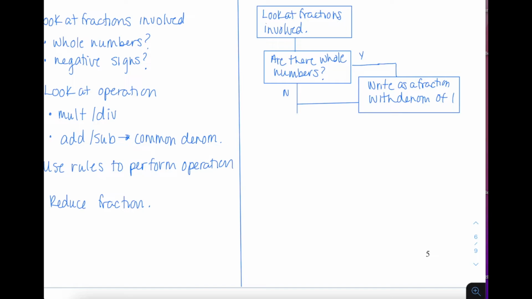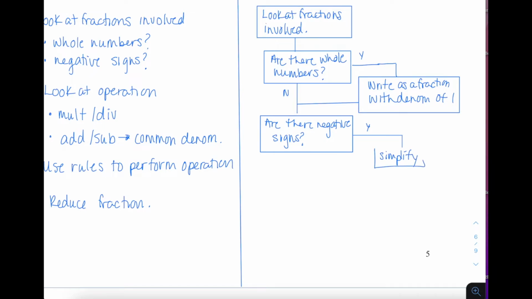And then we're going to ask ourselves, are there any negative signs that we need to deal with? Okay, and if the answer is yes, we're going to simplify. Okay, and if the answer is no, we don't have to do anything.